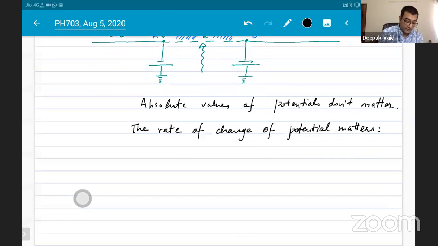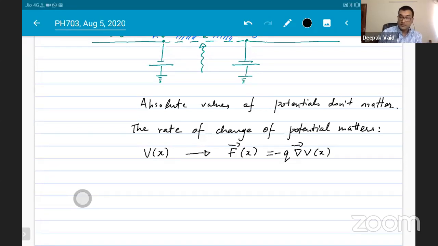So if you have a potential, some function V of x, then we can say that a particle will feel a force, which will be a function of x, given by the charge of the particle times a negative sign, the negative gradient of this potential, right? So what matters is how the potential changes from point to point.